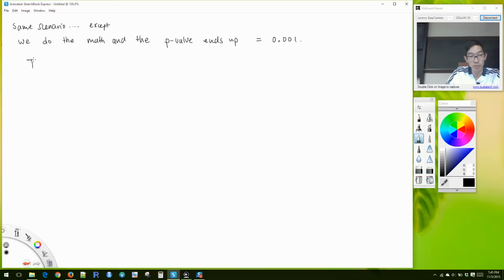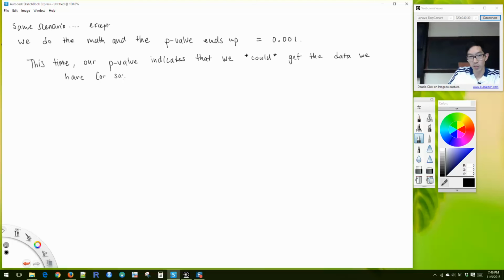And so this time, our p-value indicates that we could get the data we have, or something more extreme, from random chance or random sampling.